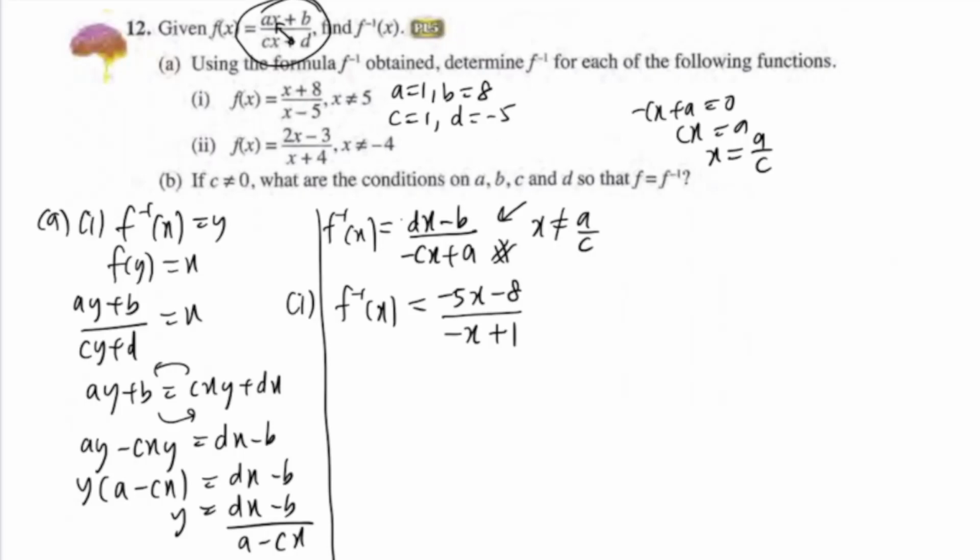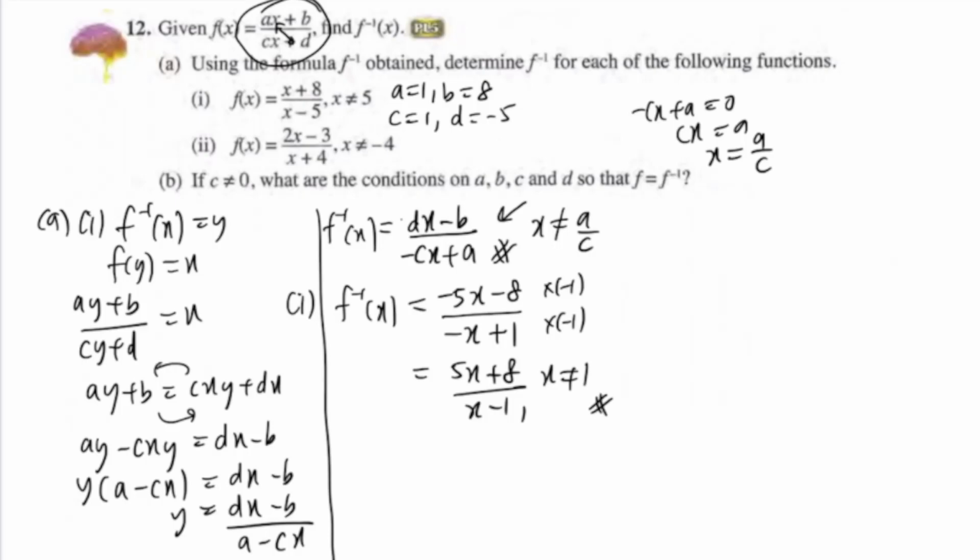Normally we don't want to have multiple negatives, so we multiply top and bottom with negative 1 to simplify further. So this will be 5x plus 8 over x minus 1, and we say x not equals to 1.